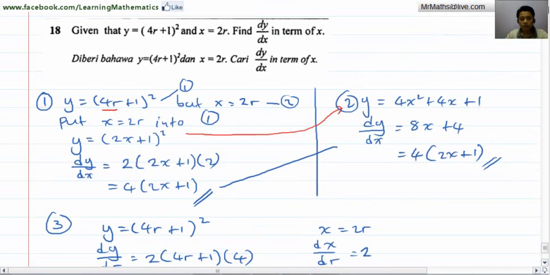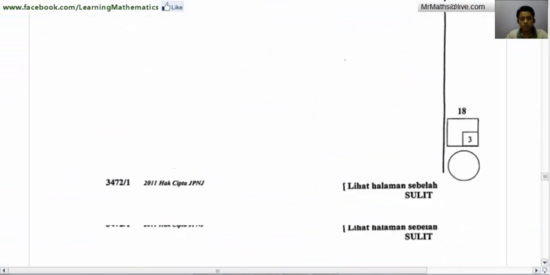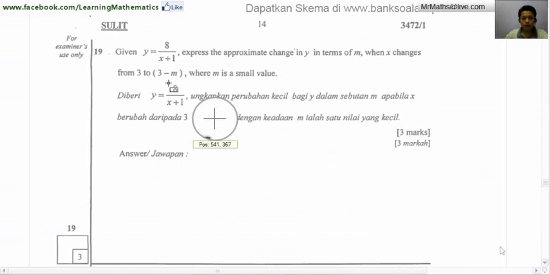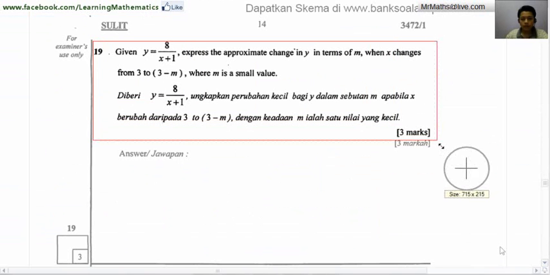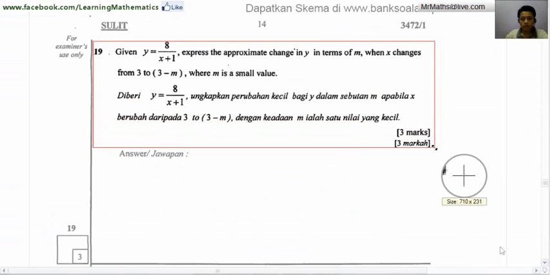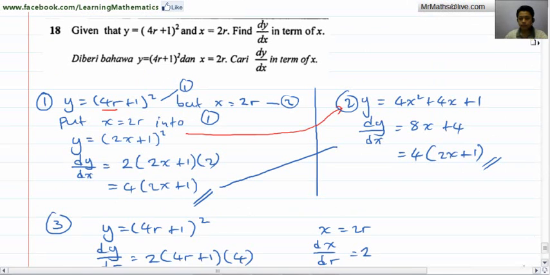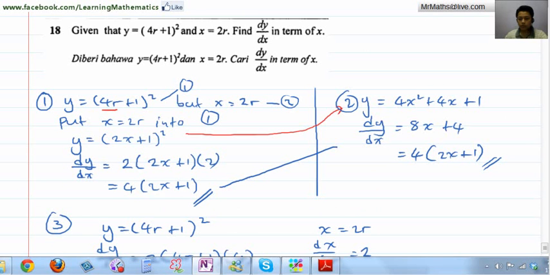Okay, that's all for question 18. Next question, number 19. This question carries 3 marks.